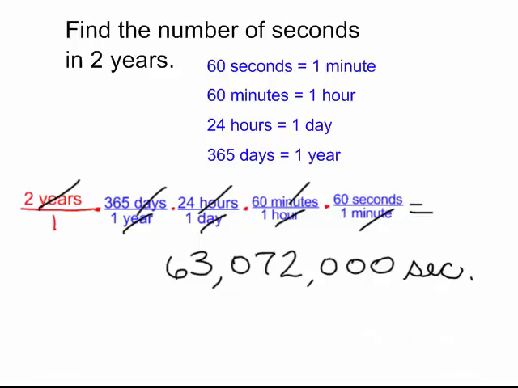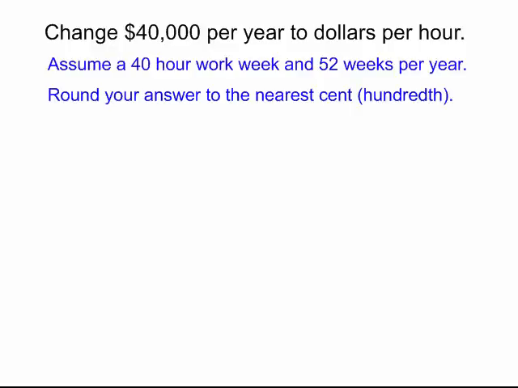Let's try one more problem. Change $40,000 per year to dollars per hour. This problem also wants us to assume that we are going to work 40 hours a week and that we are getting paid for 52 weeks per year. And they want us to round our answer to the nearest cent.